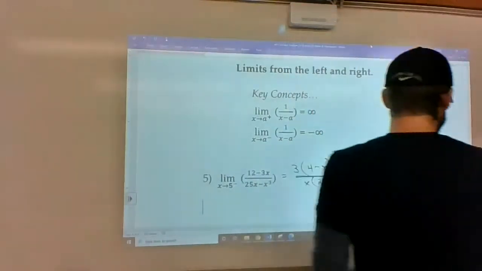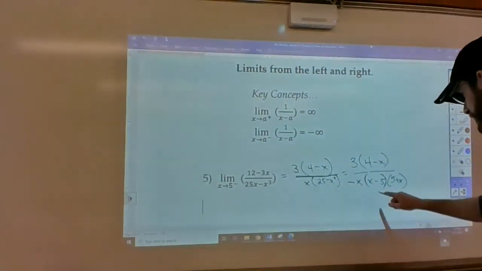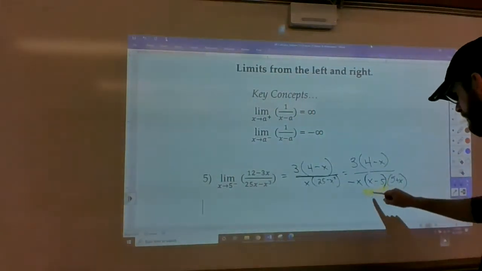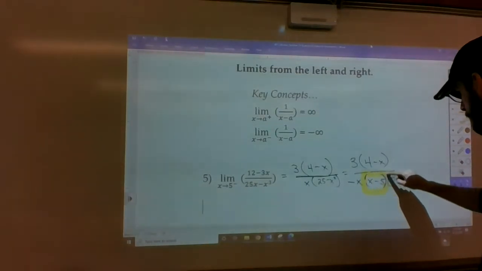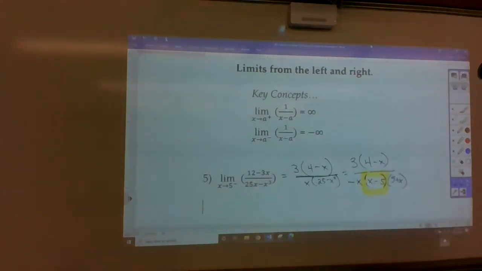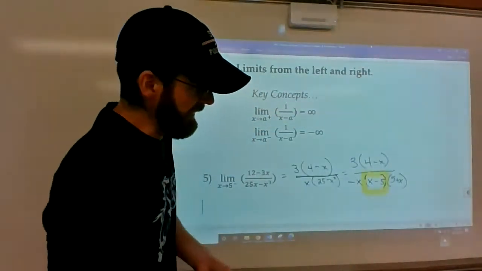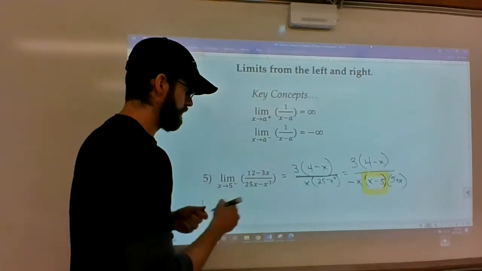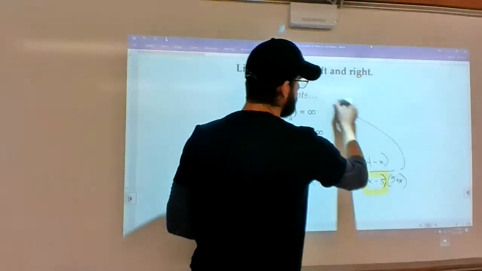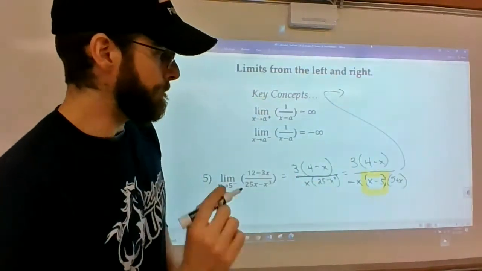At this point, we're going to rewrite the function with the x minus 5 as one of our functions, and everybody else is going to be lumped in the other one. I'm just going to put it up here so you can see it much better.